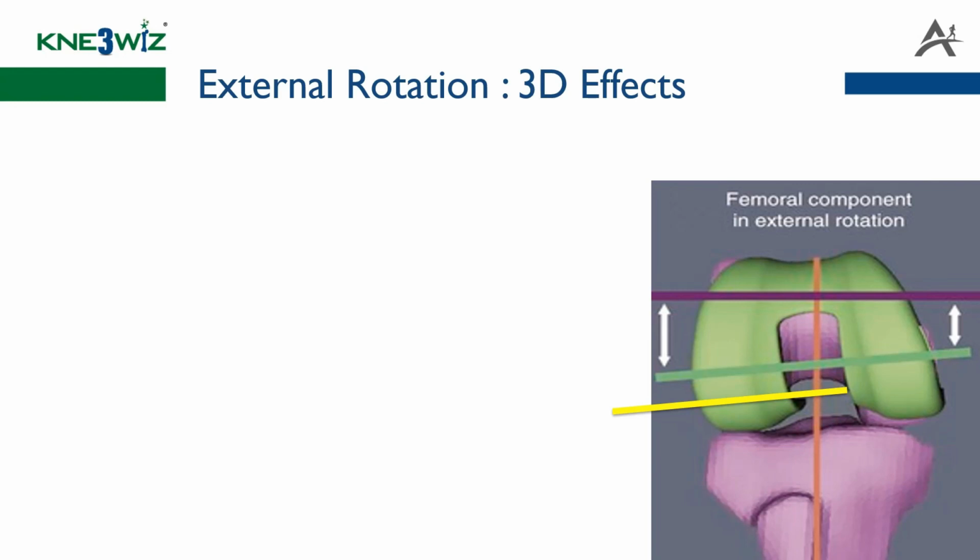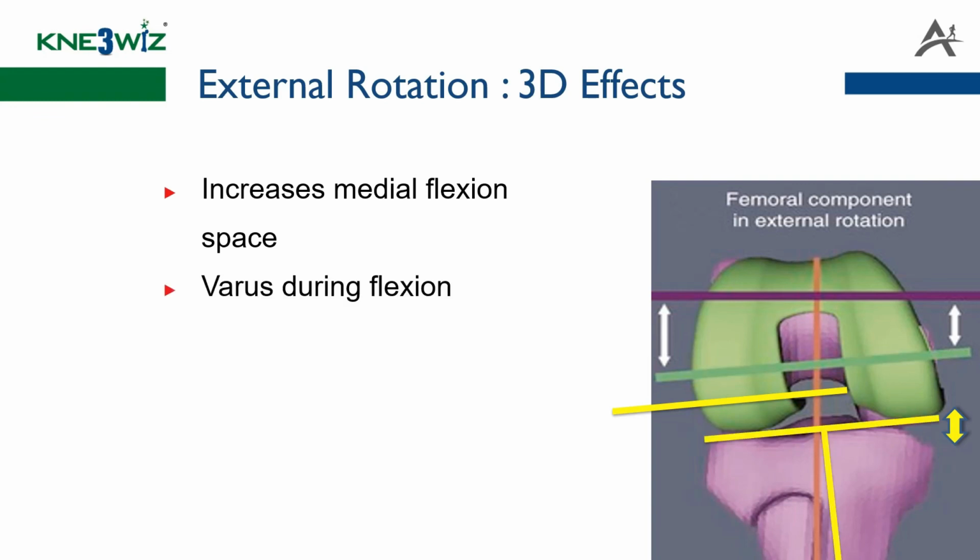External rotation increases medial flexion space. But this increases varus during flexion.